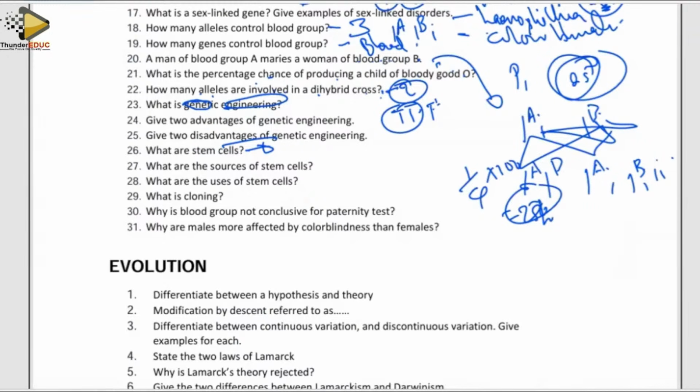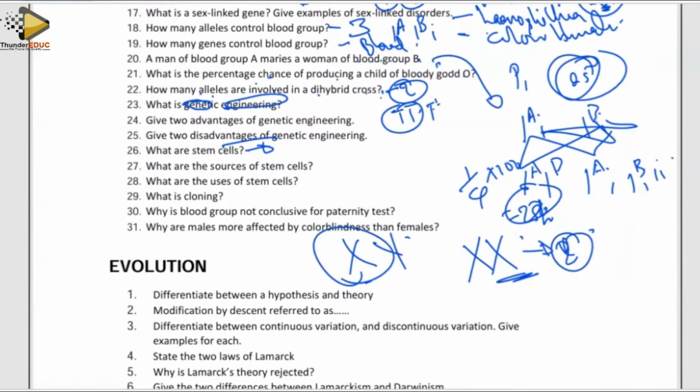It's because males have one X chromosome, and females have two X chromosomes. Females require two recessive alleles to be affected by color blindness, while males only require one recessive allele to be affected.